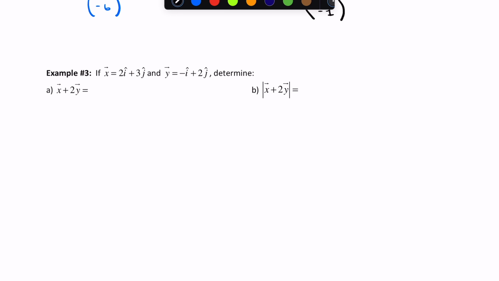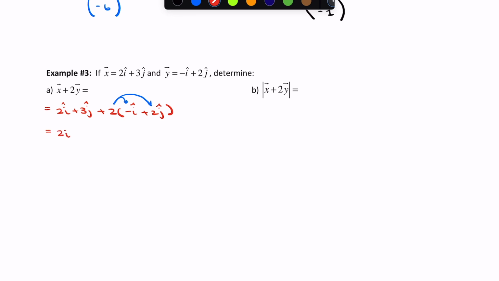So here, again, we know that vector x is equal to 2i plus 3j, plus 2 times, again, vector y, which is -i plus 2j. We'll distribute the 2 in.